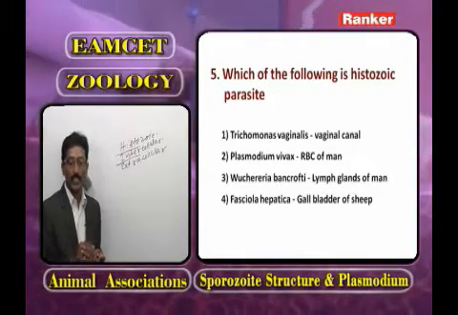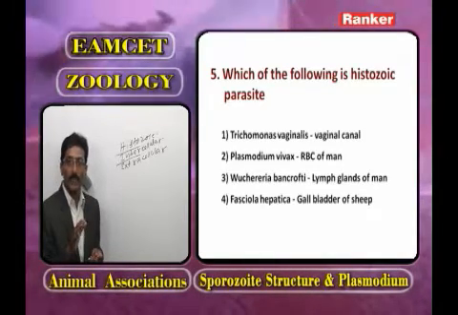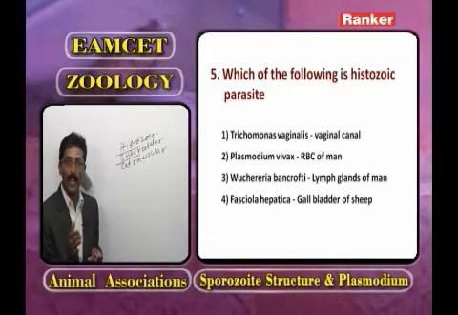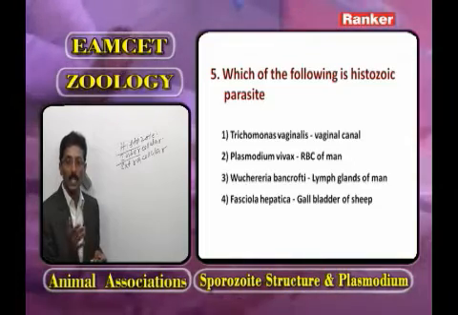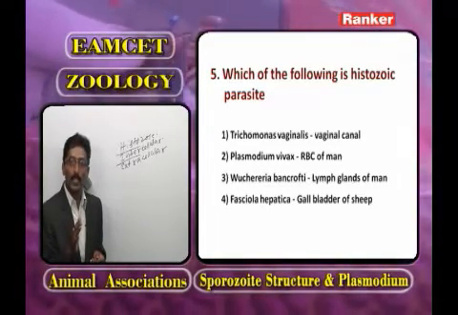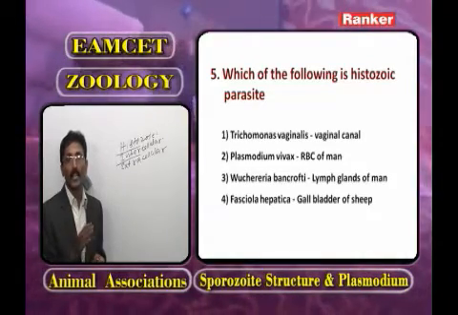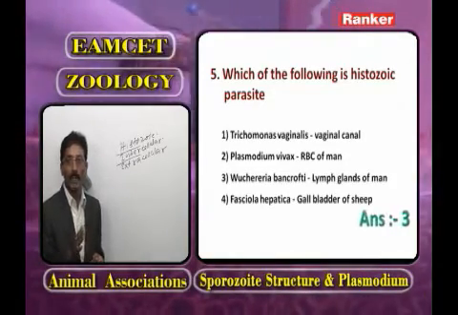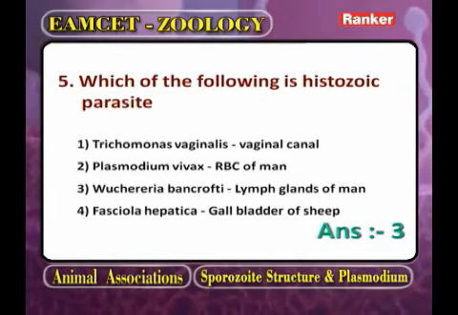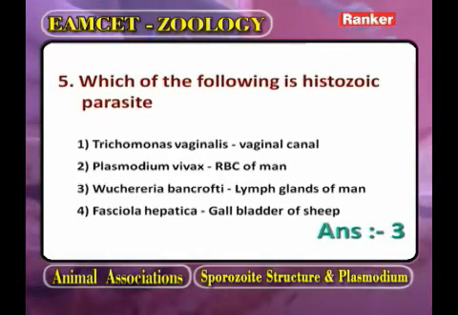The third one is Wuchereria bancrofti, which lives in the lymph vessels, lymph glands or lymph nodes of man. So the appropriate answer for the histozoic parasite is Wuchereria bancrofti. It lives outside the cells, in the tissues. So the correct answer is Wuchereria bancrofti. Now we go for the next question.